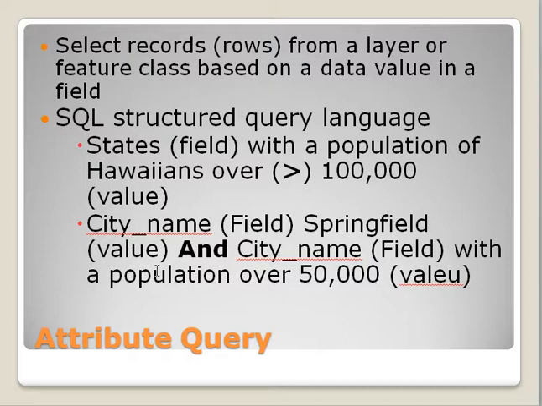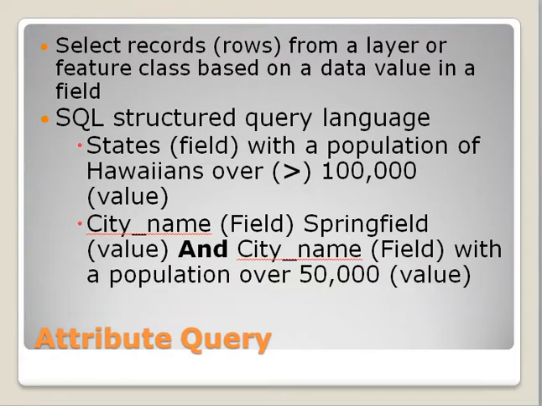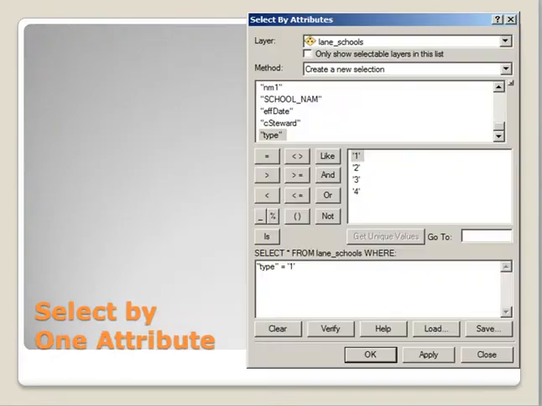Or you might look at a city named Springfield, and a city with a population. So you want to find all the Springfields with a population over 50,000. So you kind of get the idea of how these queries work.